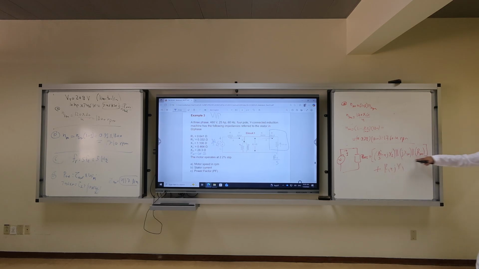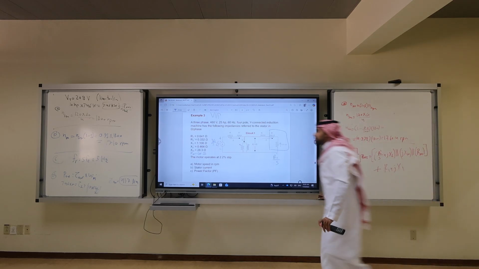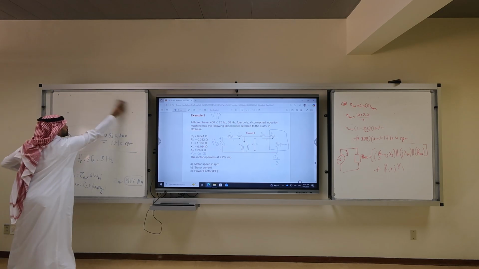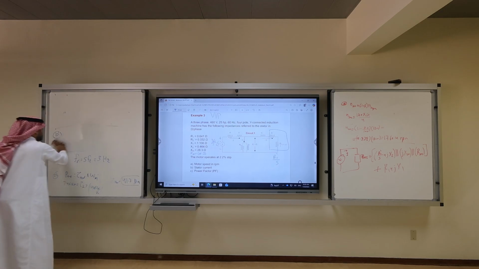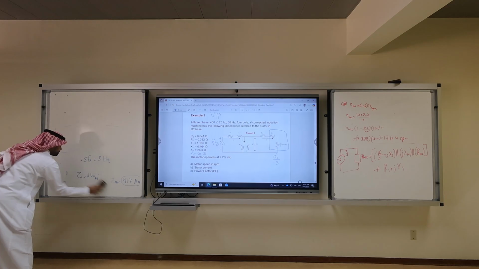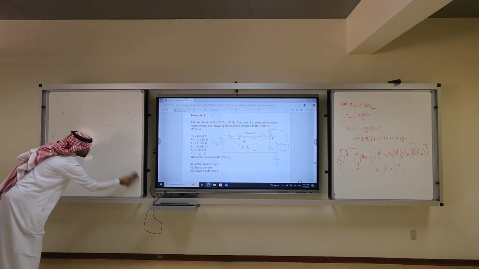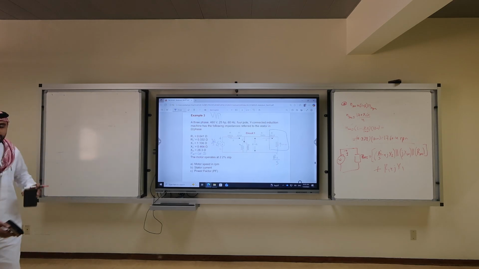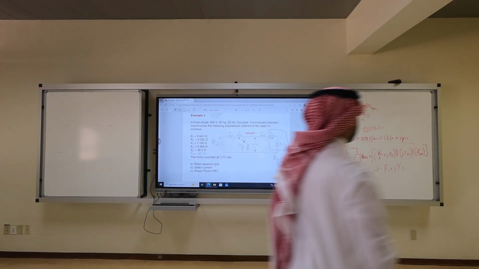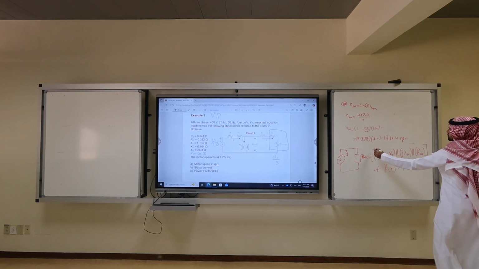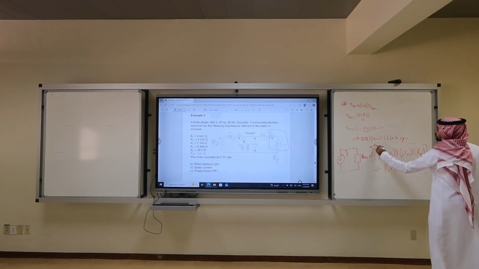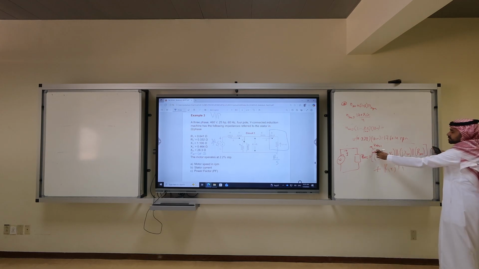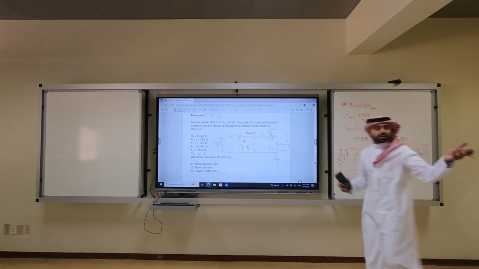How to do this? By calculator you can do it, and that's why today's lecture is a VIP. So let's call this bracket Z equivalent 1. You agree with me? How to do it by calculator?